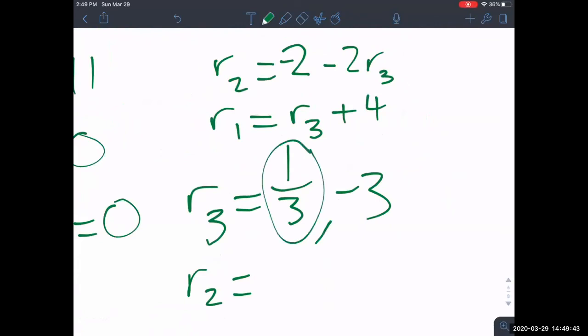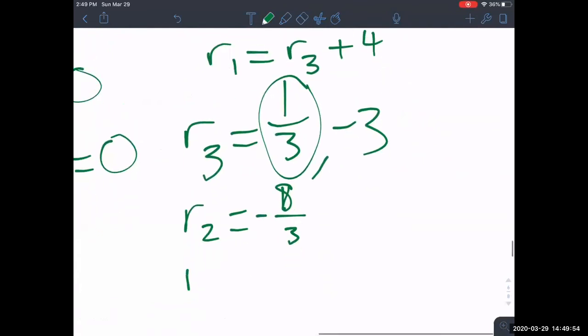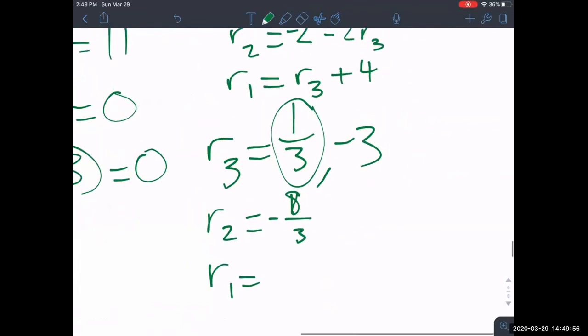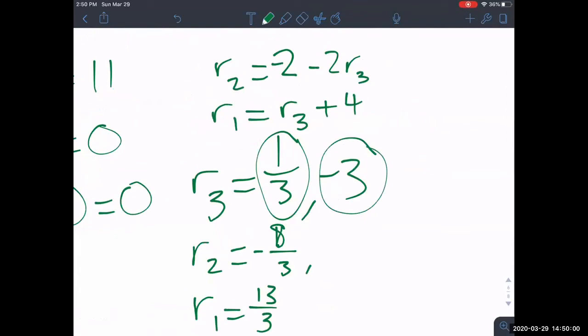So R2 in this case is going to be negative 8/3. Hopefully I did not make a tech mistake with that. And R1 would be 13/3. Now we'll do the negative 3 case, in which case R2 would be 4 and R1 would be 1.